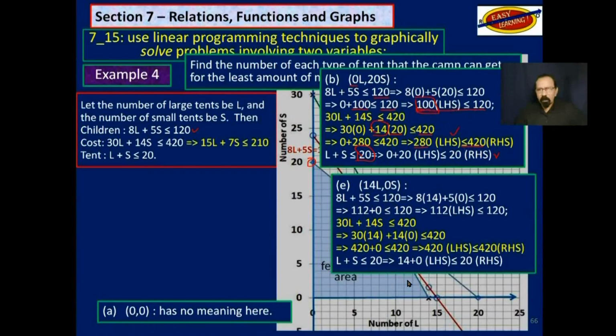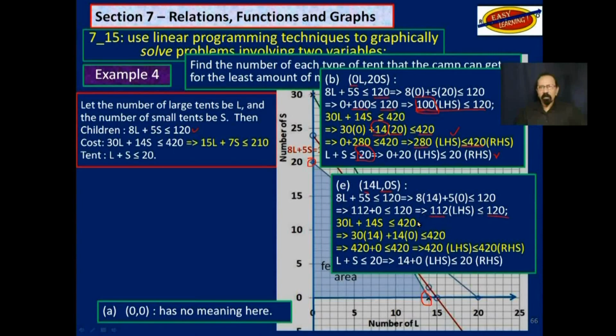Let's take this other point down here. This time, we are dealing with 14 large tents and 0 small tents. If you take 14 large tents, that will take 8 persons each. You are going to accommodate 112 persons, not 120.